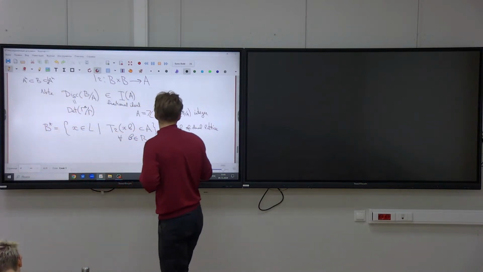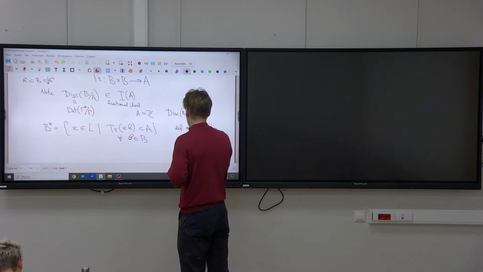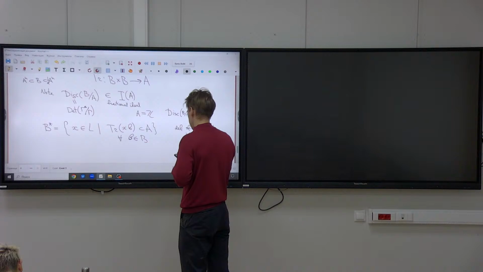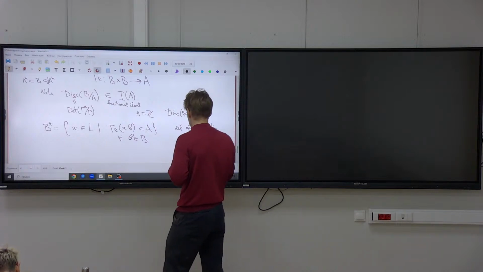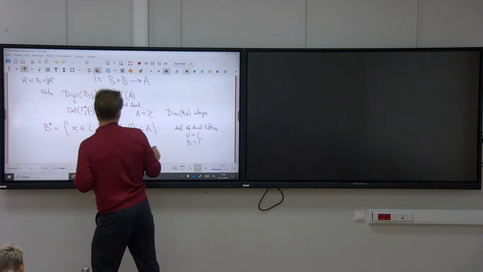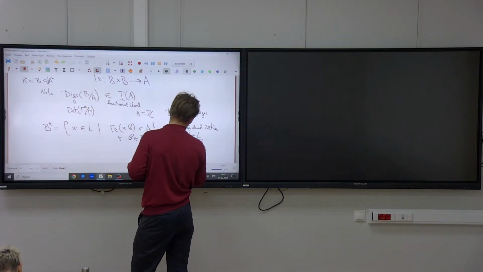Yeah, so this is a definition of dual lattice for V equal to L, and B equal to gamma. Oh, I mixed something up.